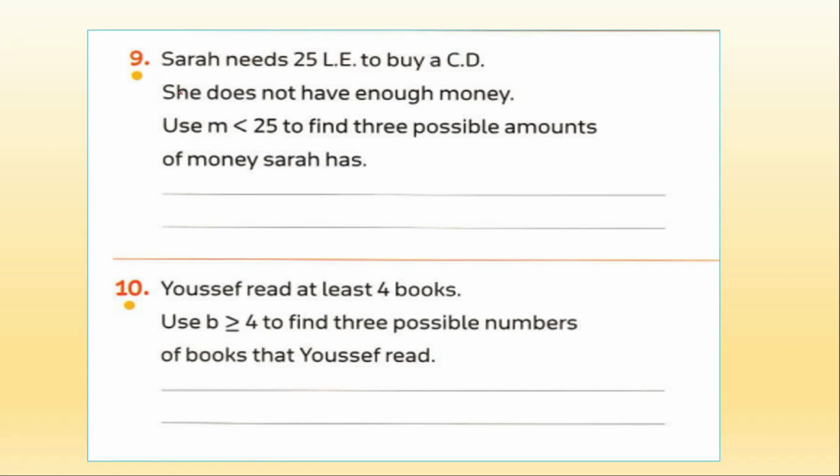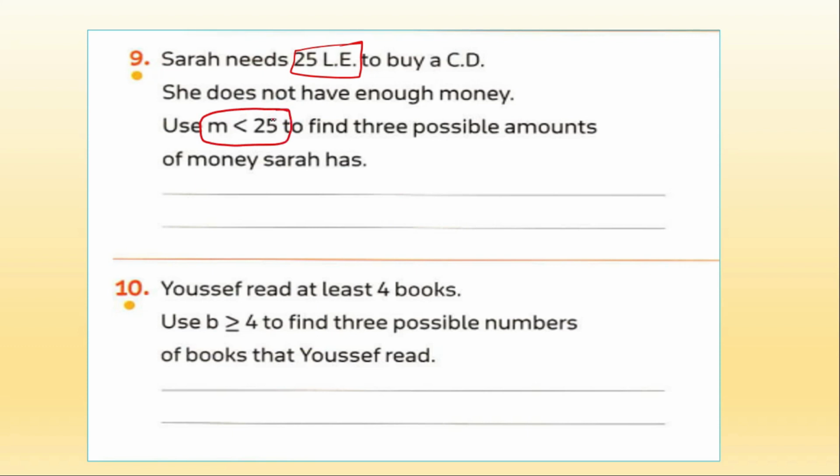Next story. Sarah needs 25 pounds to buy a CD. She doesn't have enough money. Use M smaller than 25 as an inequality to find 3 possible amounts of money Sarah has. Okay, she needs 25 pounds, and she has a number of pounds less than 25.